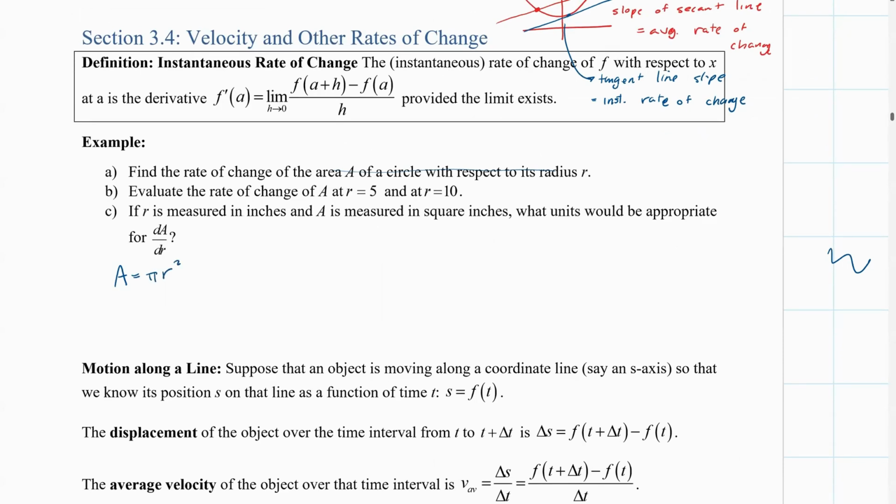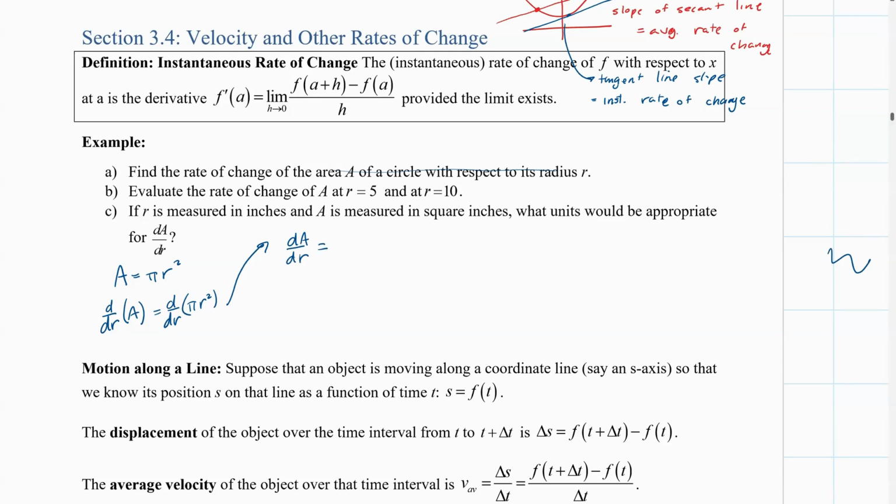That is a function. What might I do to that function? I might take the derivative, in this case, with respect to r, the independent variable of this particular equation. And when I do, I get dA/dr, which I might also read as the rate of change in area with respect to radius.